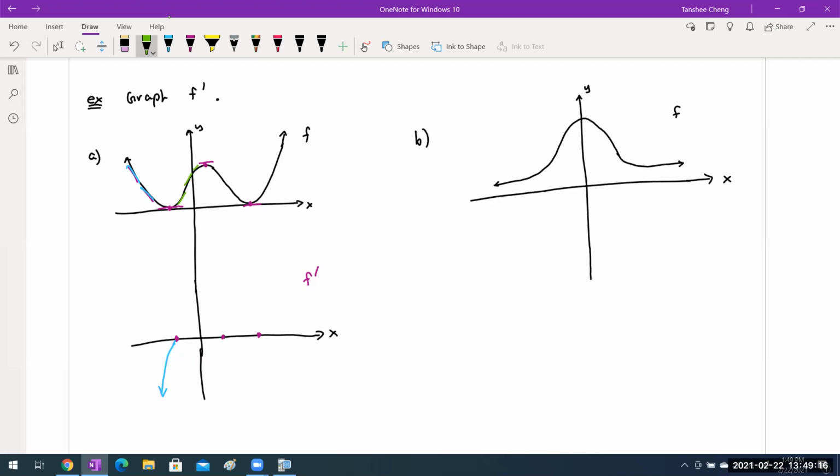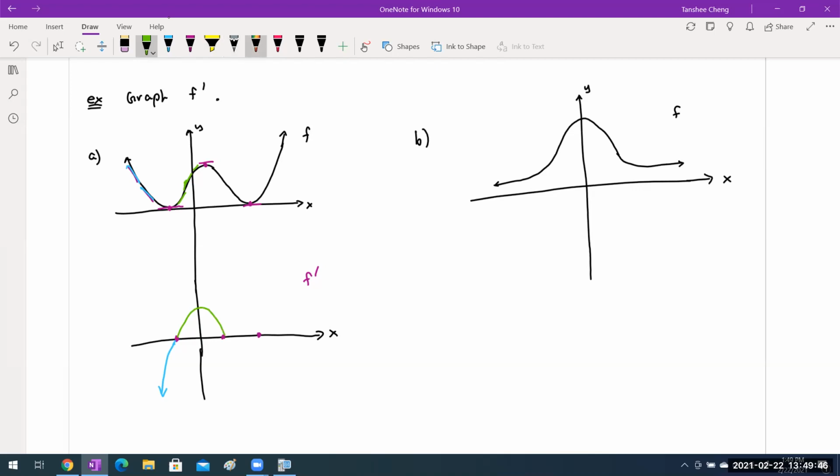But how large the slope goes, we don't know. So we can only say that this is going to be a positive value. And notice that it's a little bit shallower, steeper, and then shallower again. That means a smaller positive value, a larger positive value, and then back down to a smaller positive value. That's the only way I'm going to get going up and then coming back down to hit the x-axis, which is going to be the intercept that we're going to get.